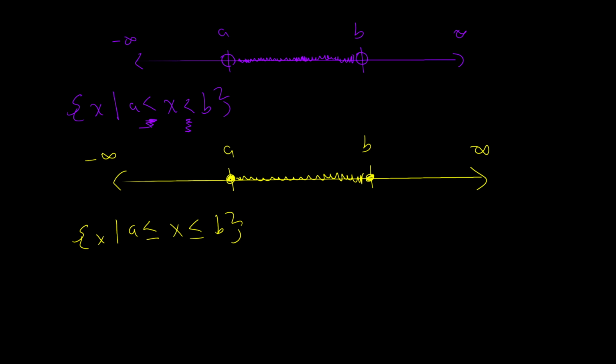Well, this one says it's anything between A and B, not including A or B. And we could have equality on either endpoint. So I'm going to update this here. And let's say I put my equal sign here. Well, then I would fill in this circle. Or, let me scratch that out.